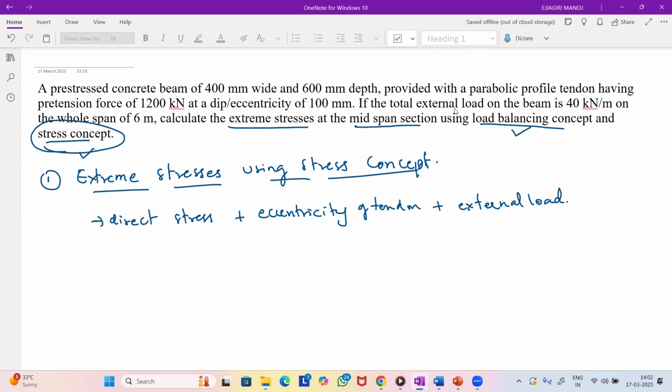Okay, so firstly let us calculate what is the direct stress due to pre-stressing force.